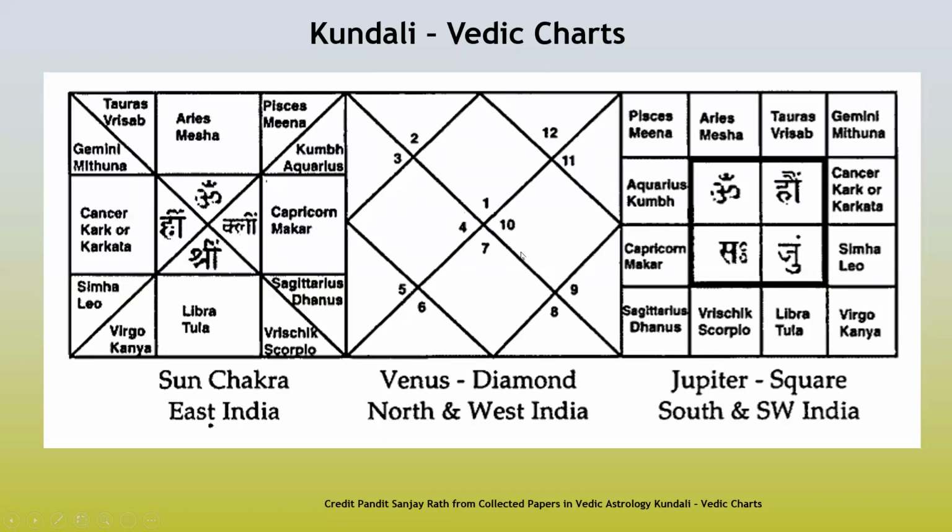But in my view, that's not a very sustainable way of looking at the chart. The parampara I come from always encourages us not to use this, but to use the Surya one, because after all, Jyotish is ruled by Surya. It's Agni, it's the fire element.